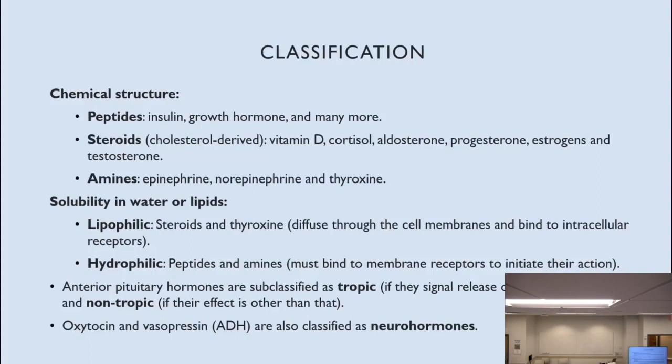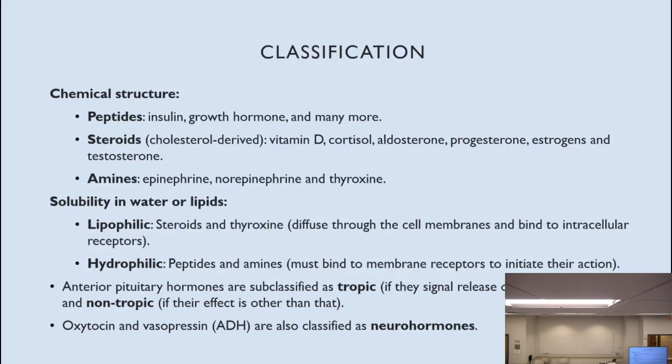Now, what are steroids? Look at the name, steroid. It's present in the name of the hormone: cortisol, testosterone, estrogen, aldosterone, progesterone. They are made from cholesterol, like vitamin D, for example. And we have amines, which are simply made of a single amino acid: catecholamines, epinephrine, norepinephrine.